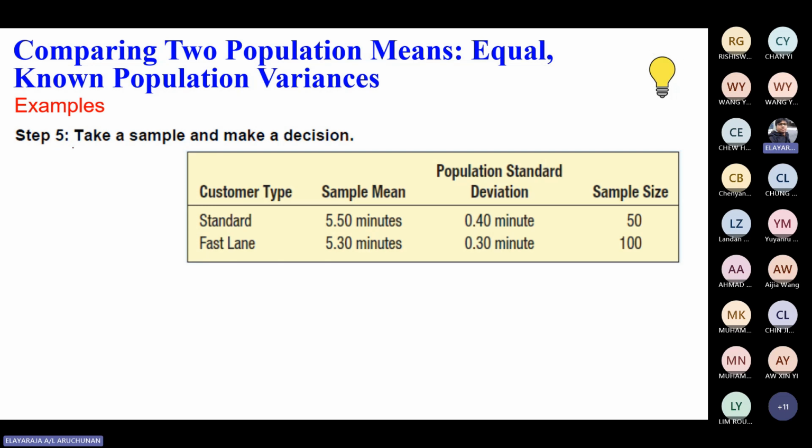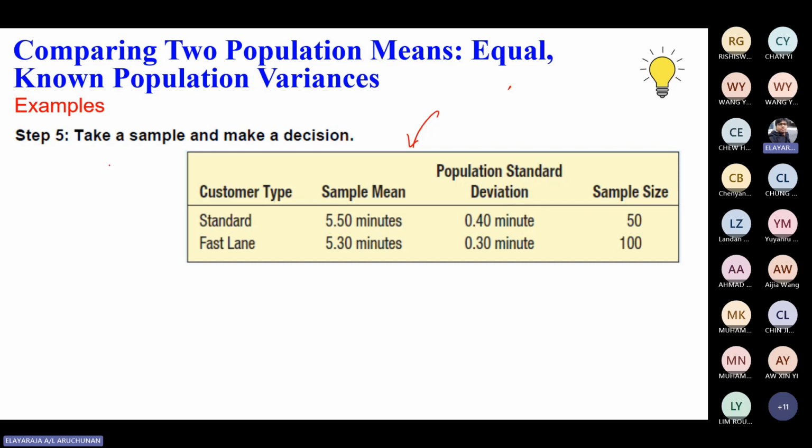Step 5 is to take a sample and make a decision. So we need to consider the sample we have, and find the z distribution value.